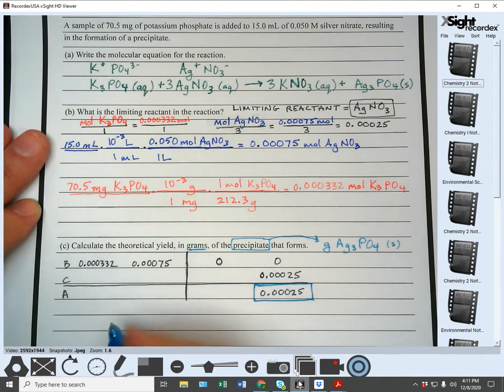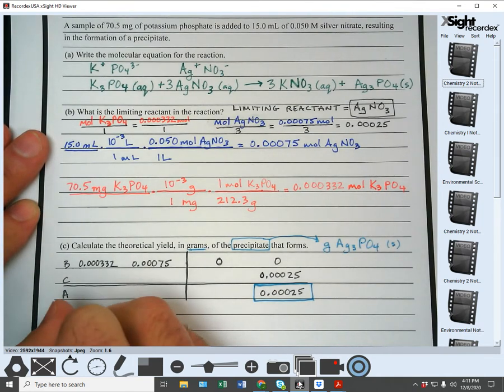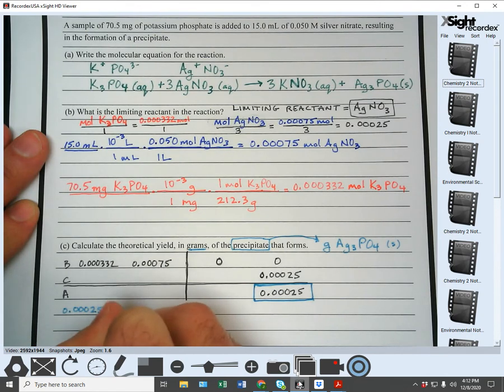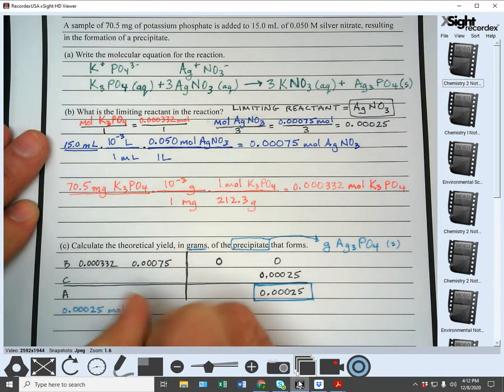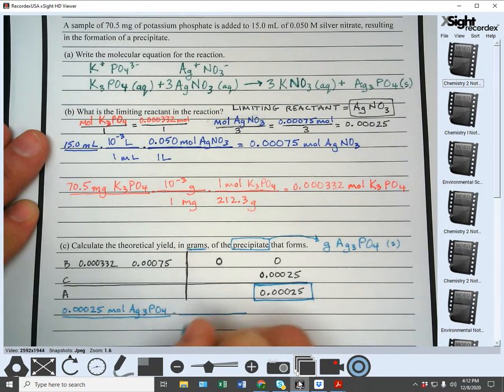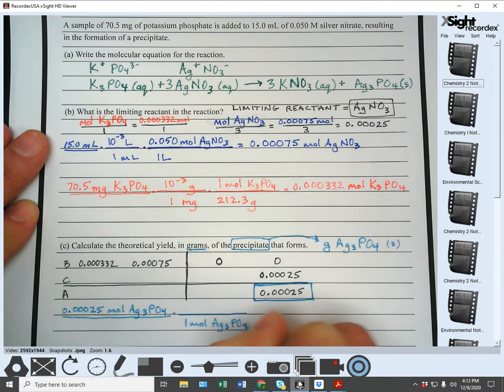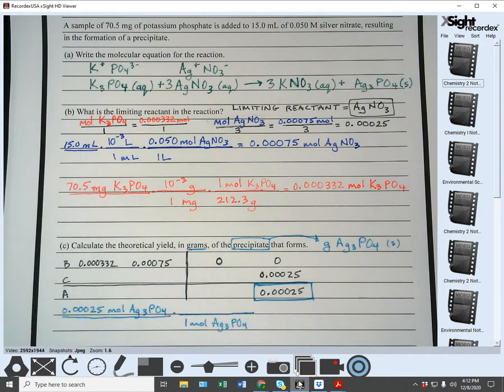So we're going to do moles Ag3PO4, and we're just doing a conversion, Ag3PO4 into grams. So let's see.